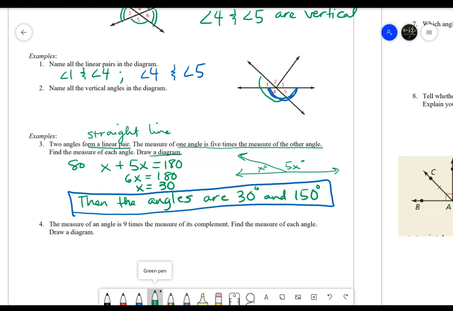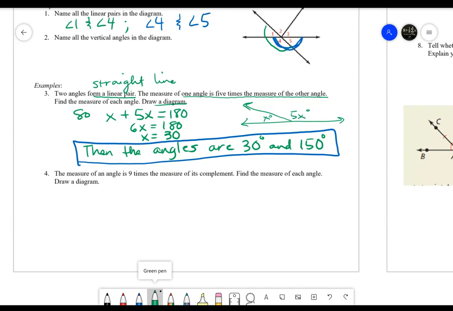Here's another one. The measure of an angle is 9 times the measure of its complement. So this is going to be a little different. Find the measure of each angle. So we're going to do two angles, and we want to draw a diagram. If I draw an angle like that, then one of these is going to be small and one is going to be a really big complement.